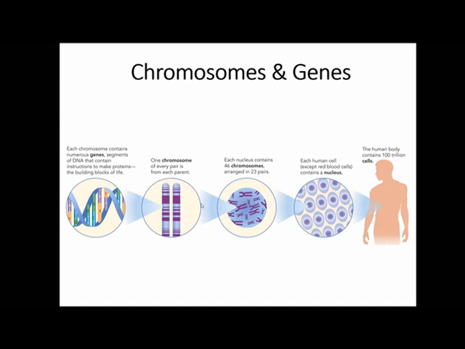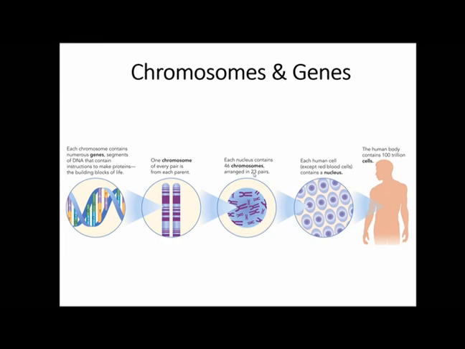And so if we take another step back, within our cells, we have a nucleus, which is the area that holds all the really important information. Our nucleus contains 46 chromosomes, so we get 23 pairs of chromosomes.